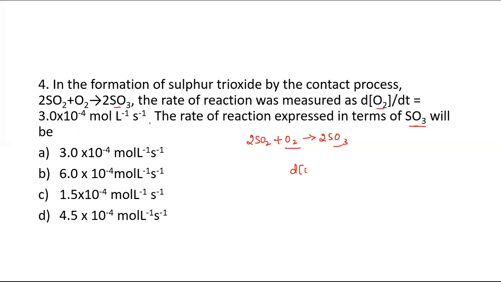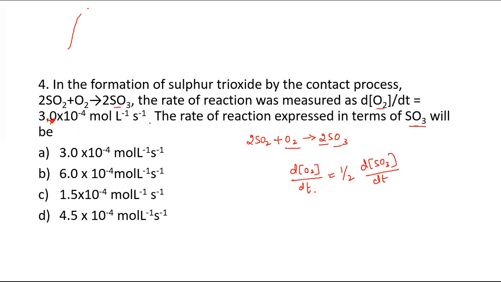So here dO2 divided by dt is equal to, on the product side we have the stoichiometric coefficient, that is 2, so 1 by 2 dSO3 divided by dt, right?